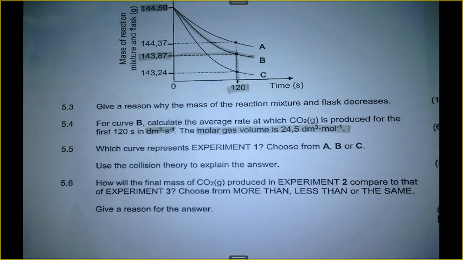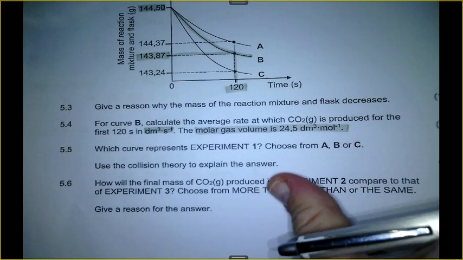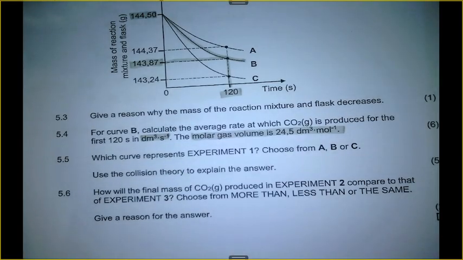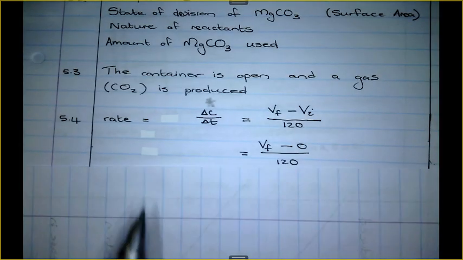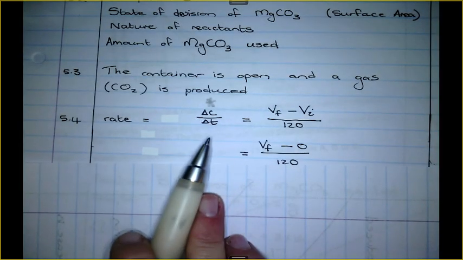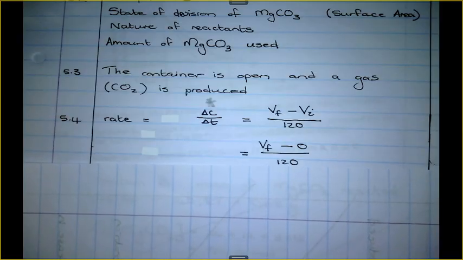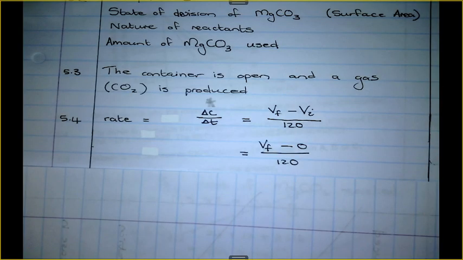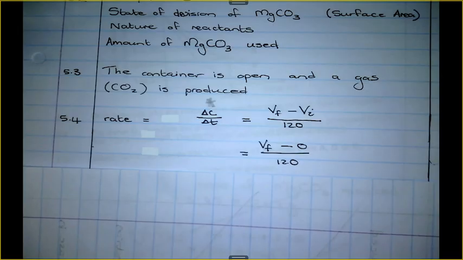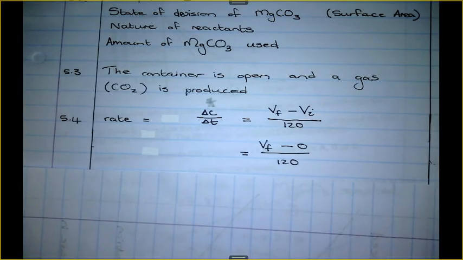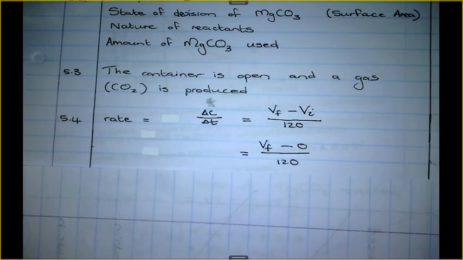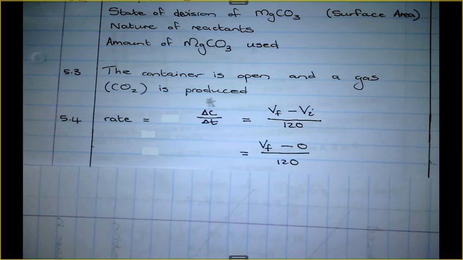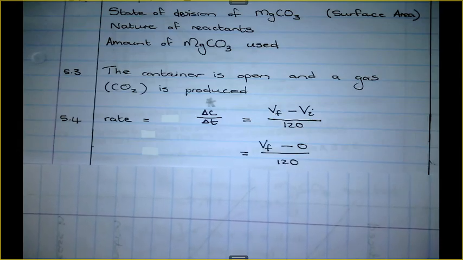And in your exam guidelines, the formula that you get given to use is rate is equal to change in concentration divided by change in time. But they are saying to you they want the rate at which carbon dioxide is produced for the first 120 seconds. So yes, the delta T is still there, but you cannot give them the concentration of the carbon dioxide because the container is open. The carbon dioxide is disappearing.